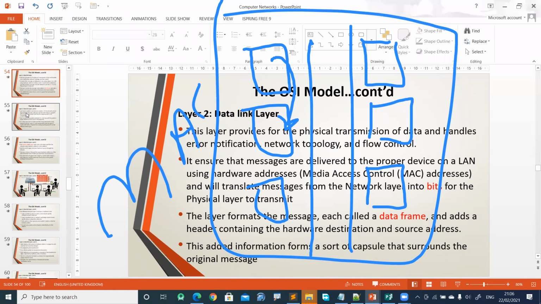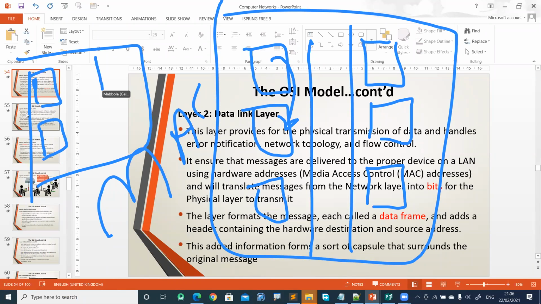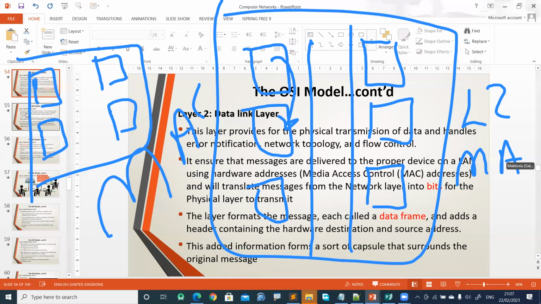But if I'm going to communicate to another local area network there, then I must use layer 3. Within here, they use layer 2 and communicate using MAC addresses. But to communicate to the other one, I should use layer 3, which means there should be a router, and on that side there should be a router.